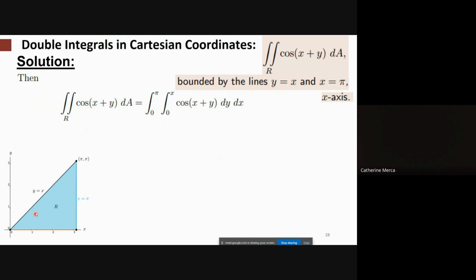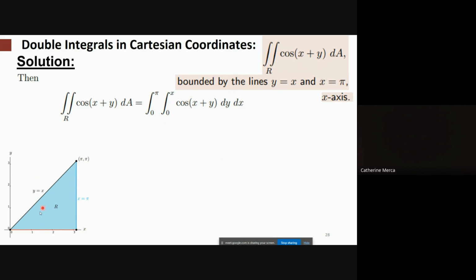From 0, y is from 0 to x. And your x moves from 0 to pi, which is actually a constant.